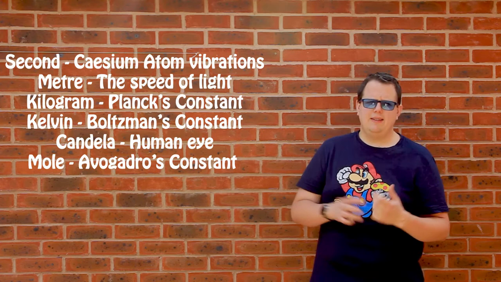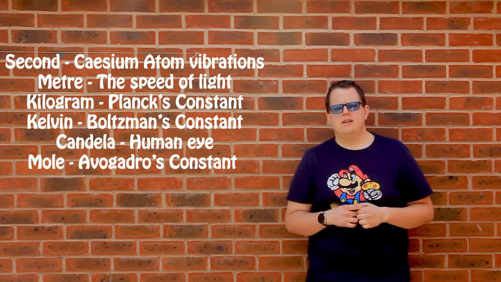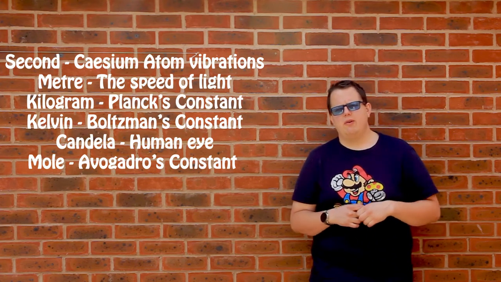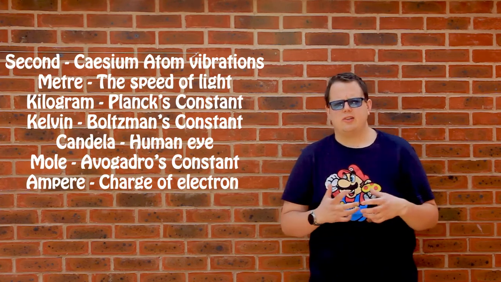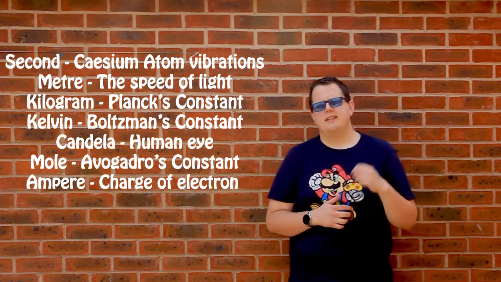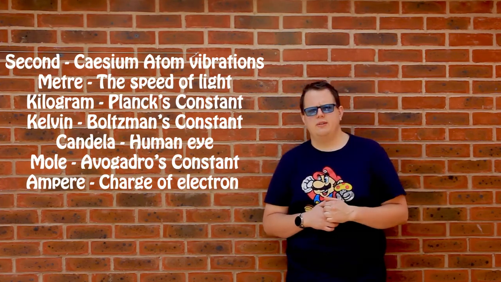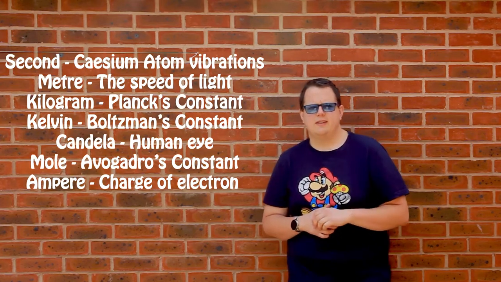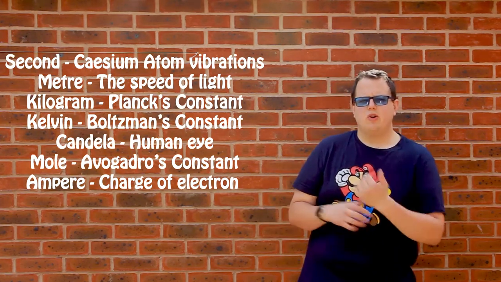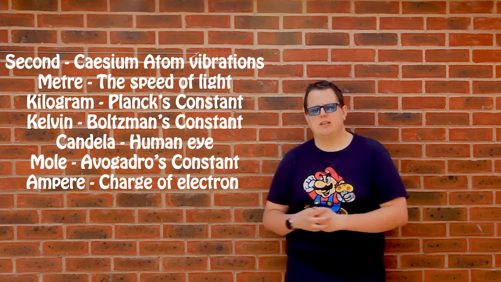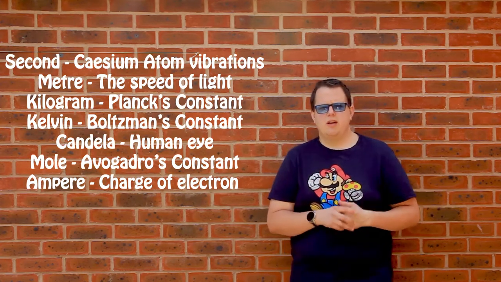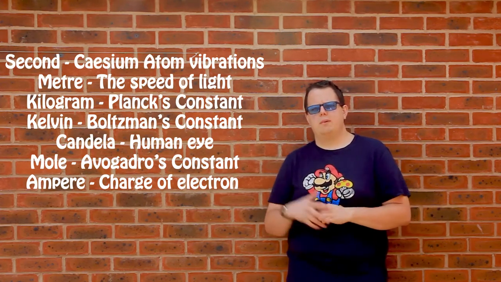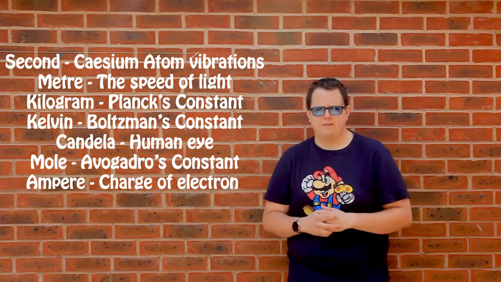The ampere. The ampere is defined by taking the fixed value now for the elementary charge on an electron to be 1.602176634 times 10 to the minus 19 when expressed in the units of coulombs, and a coulomb is equal to an amp second.